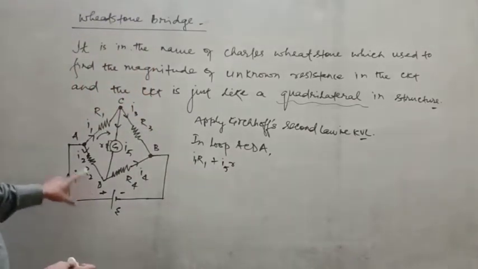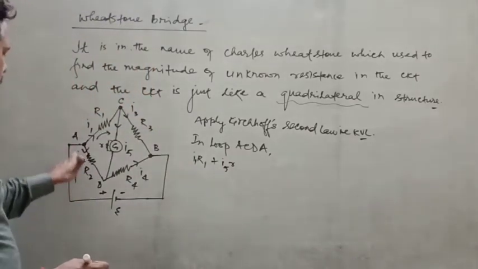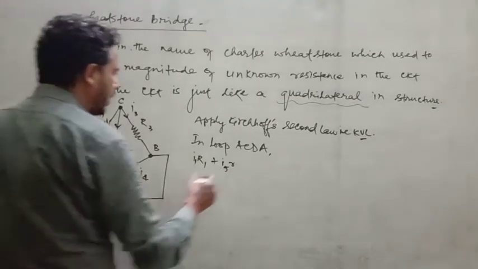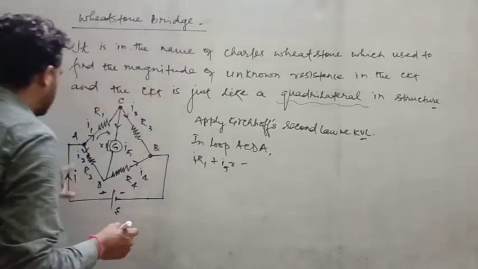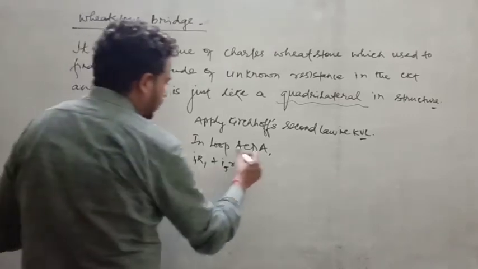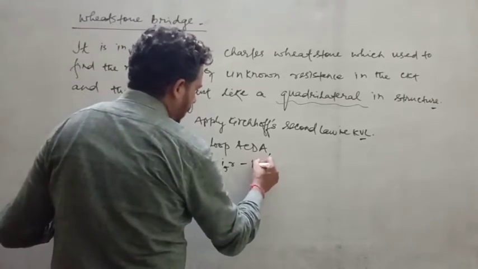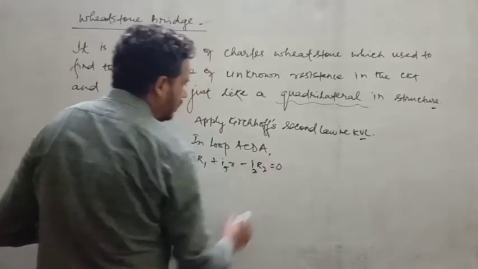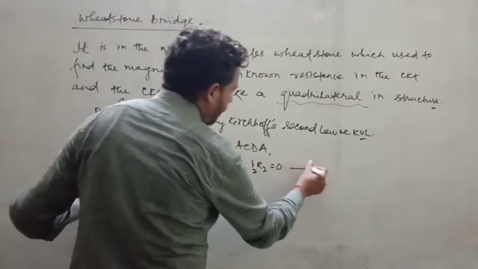Again from D to A, you are going opposite to the direction of current, so we take it negative, I2R2, and that is equal to 0. So we have an equation.